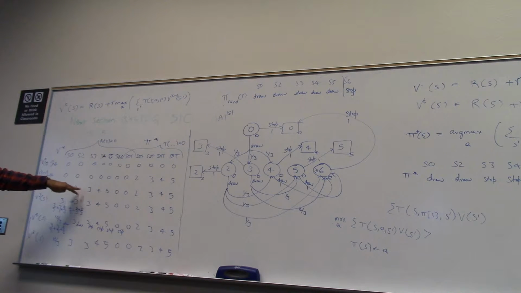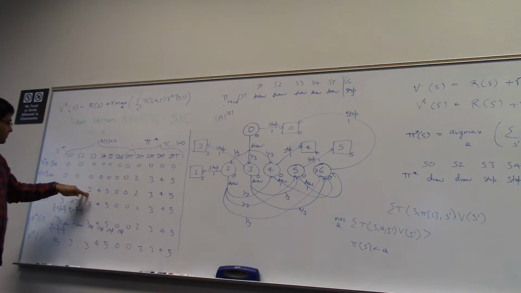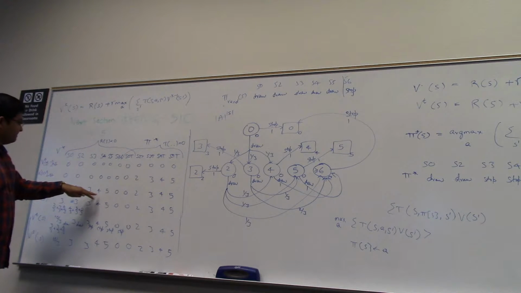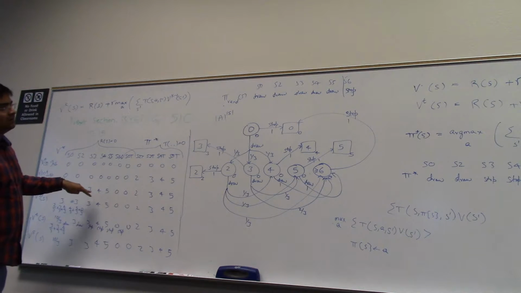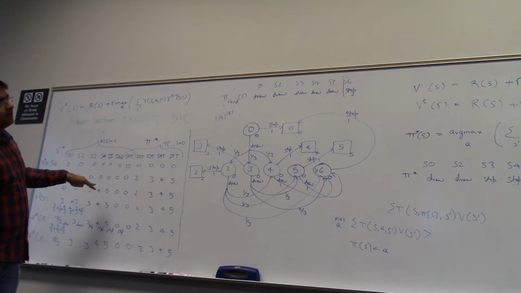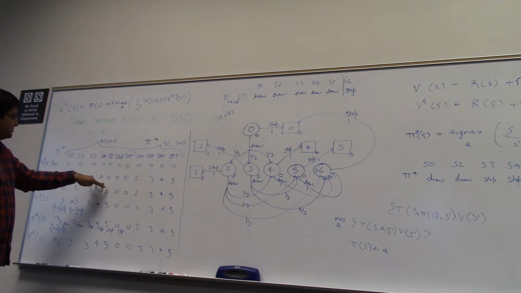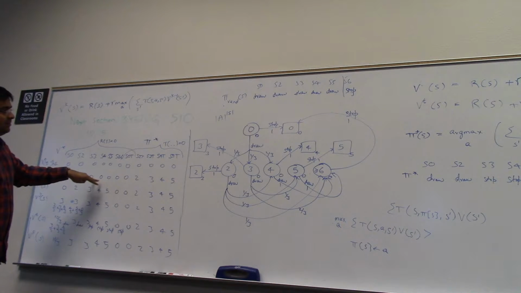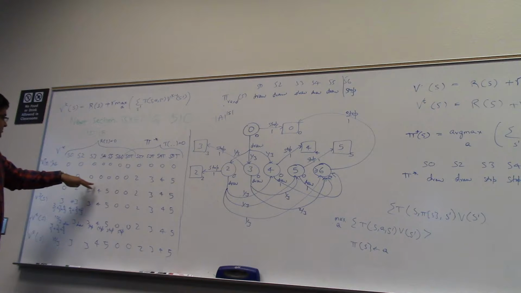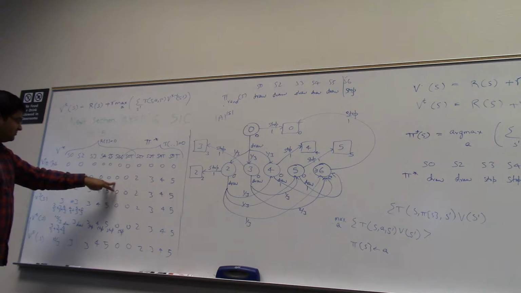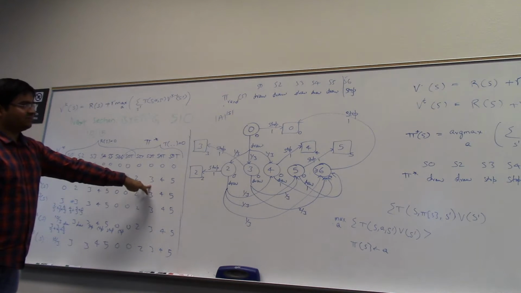And if you draw, all draws will lead to zeros. R(s) is 0, and V(s') is basically related to these. So all these will still remain 0, and this will remain 2, 3, 4, 5.